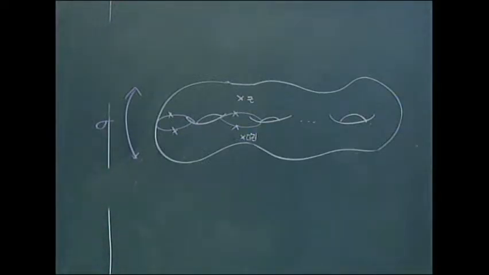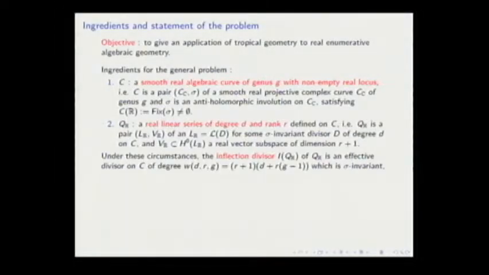So these line bundles are special because the inflection divisor is stable with respect to the involution. The inflection divisor consists of some special points on the curve which have a special behavior with respect to the dimension of series that vanish on them.